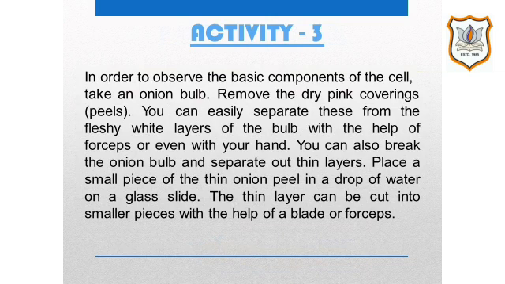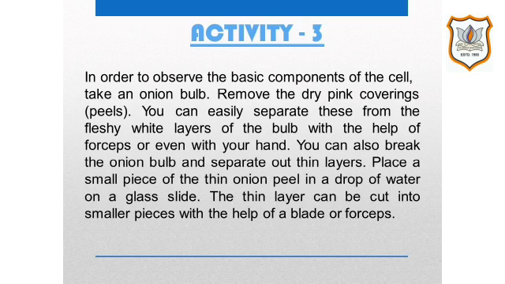Now we will perform activity 3 in order to observe the basic components of the cell. Take an onion bulb. Onion is a plant. Remove the dry pink coverings, that is peels. You can easily separate these from the fleshy white layers of the bulb with the help of forceps or even with your hand.